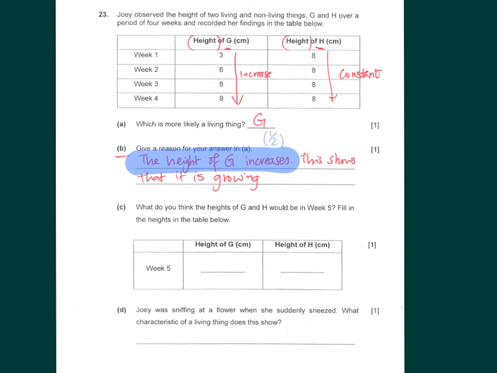Next, if you say that because it increases, this shows that it is growing and hence a living thing, we give another half mark. So always make use of information given to support what you're going to say. Because the height increases, you can say that it is growing, and therefore it is a living thing. Yes? Part C.